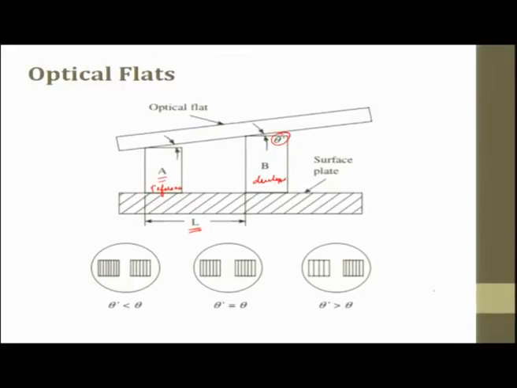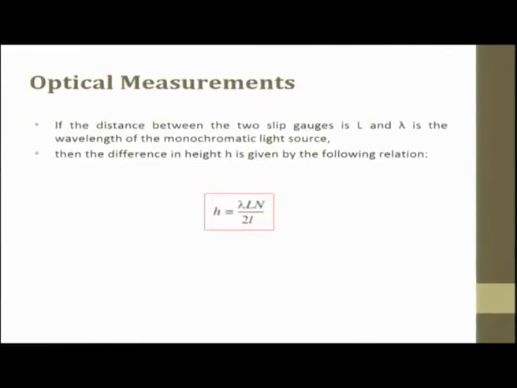If theta dash and theta are the same, you will see the same fringe patterns. If theta dash is greater than theta, then you see the gap is different between these two, and when it is less, the number of fringe patterns is more or less accordingly. Just by counting the fringe patterns, we can see what the height difference between these two is.